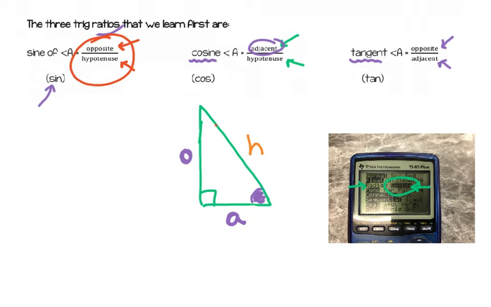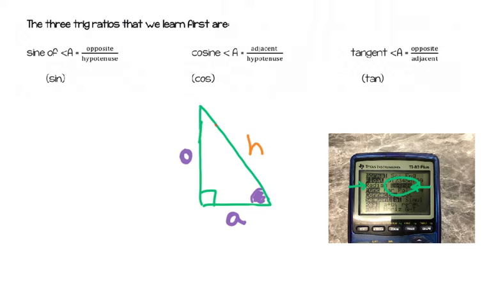I don't particularly like this one, but this is the most common way to remember it: SOHCAHTOA. It doesn't make any sense, and it's not even words or anything like that, but it's a very popular way to remember this, and it's spelled like that.